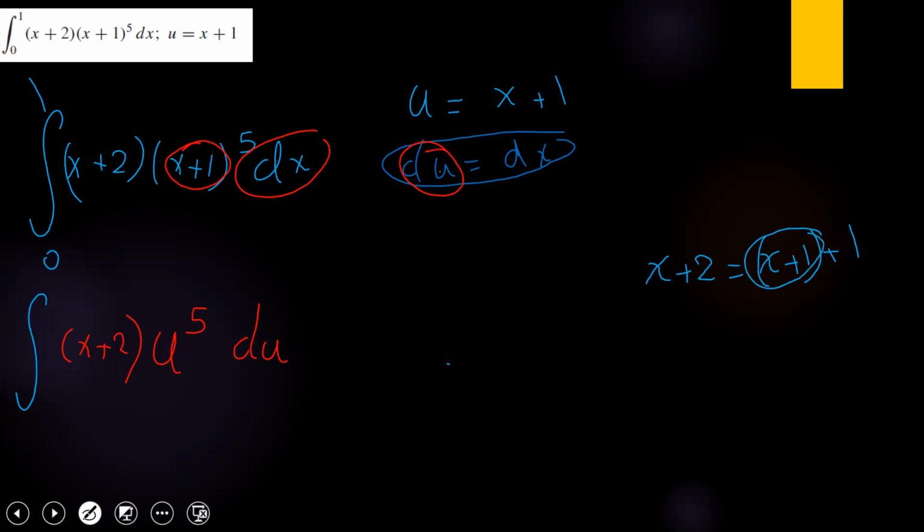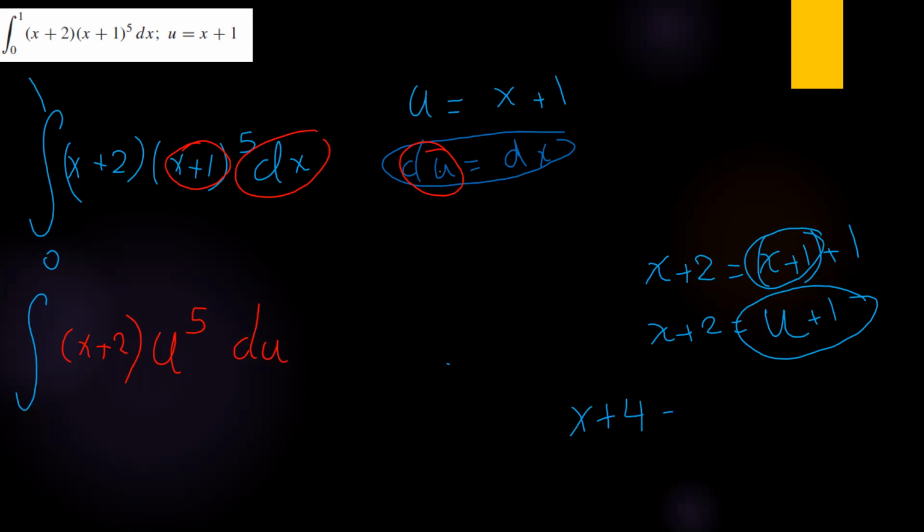Then after that, I will evaluate x plus 1 with u. So x plus 2 can be written as u plus 1. If I have x plus 4 as an example, I will say it is x plus 1 plus 3. So that means it is u plus 3.